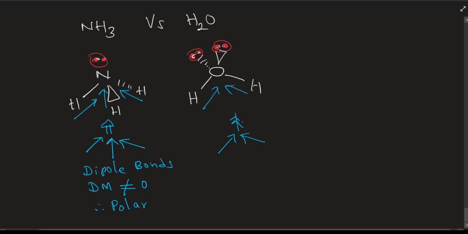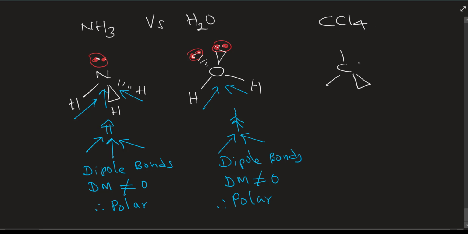And look at the water, the hydrogen to oxygen, there's a push and a push. The sum of the vectors pushes upward more, so therefore the bonds are dipole, and the dipole moment is not zero, therefore it's polar, right? And CCl4, CH4, they are symmetric, right? If it is symmetric, everything cancels out.